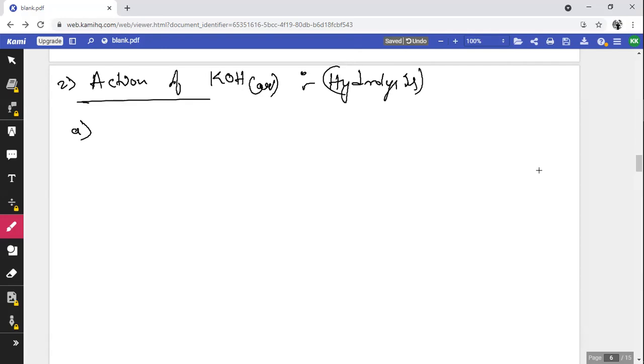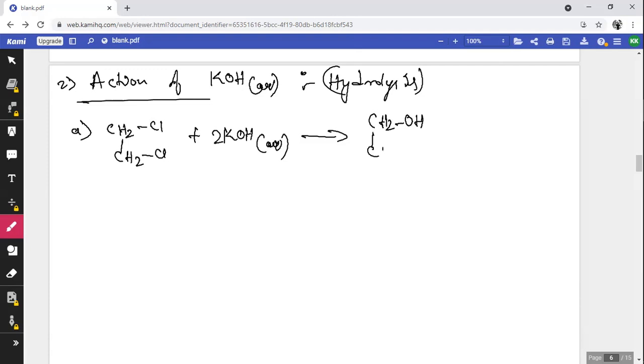Okay. So consider vicinal dihalide first, CH2Cl single bond CH2Cl. On treating with aqueous KOH, this gives CH2OH single bond CH2OH, with the liberation of two molecules of KCl.